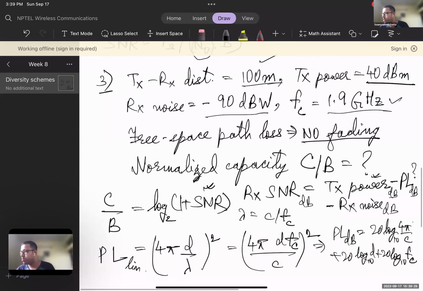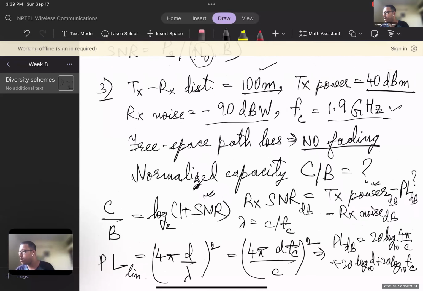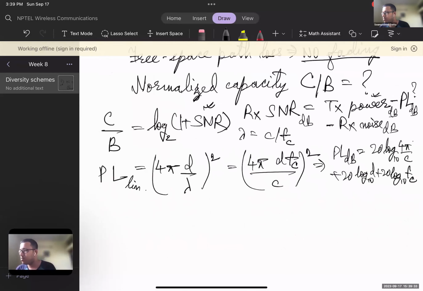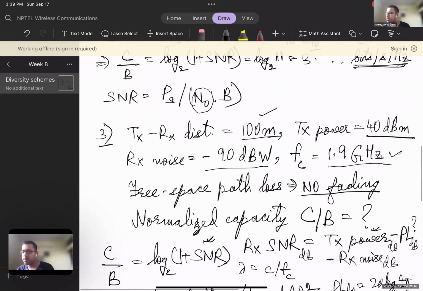So transmit power in dB is 40 dBm. We need to stick to one unit, right? One unit. This is somewhere you need to be careful that we cannot be mixing all of this.